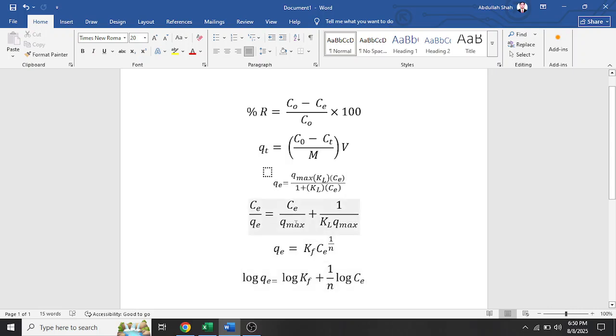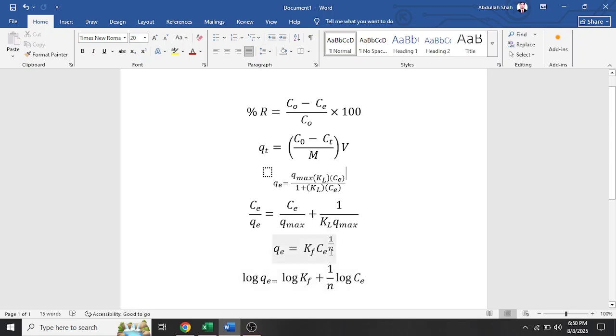Okay. So suppose this is the Langmuir isotherm. Once we get the Qmax and Kl, we will put Kl and Qmax in this equation, and we will plot Ce and Qe, and we will get the Langmuir plot. Similarly, for Freundlich, we will get 1 over n.